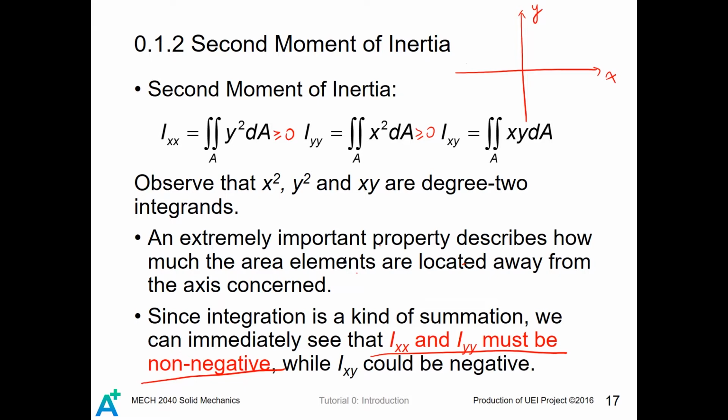For this shape, suppose it is symmetrical about the y-axis only, then Ixy will be 0 because it is symmetrical about the y-axis. Also, let's modify this a little bit. For a shape which is symmetrical about the x-axis, then Ixy is also 0.